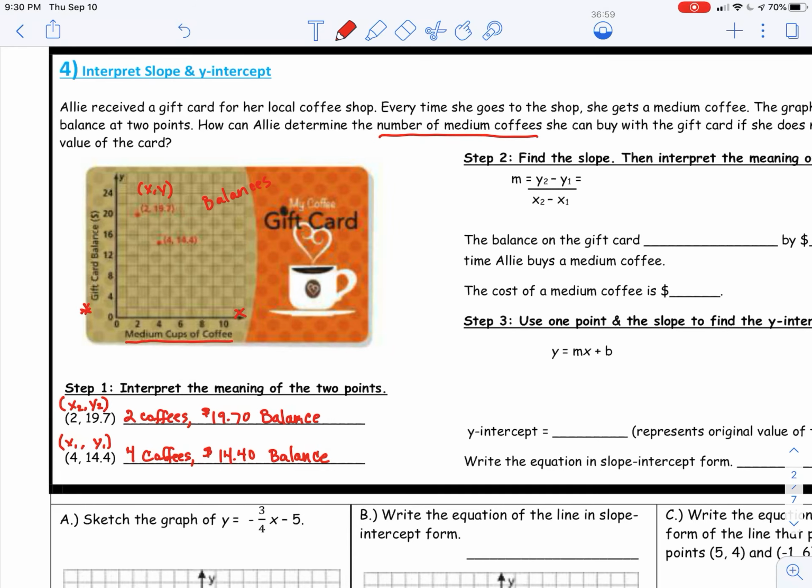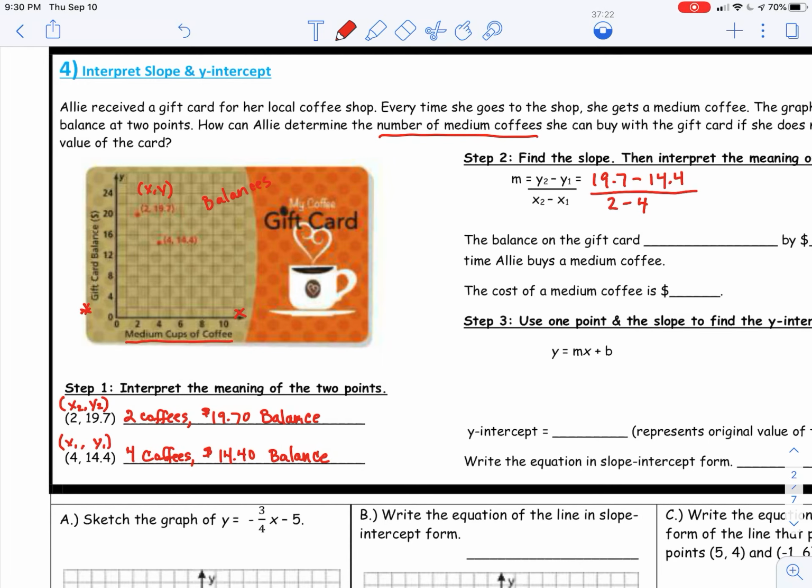Well, Y2 is 19.7 and Y1 is 14.4. Remember, this is the vertical change. This is the slope over the horizontal change. X2 is 2, and X1 is 4.